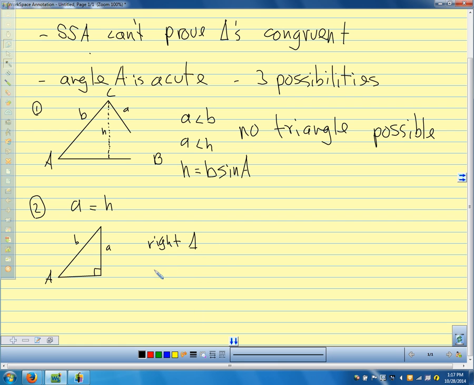And there's only one possible triangle. So if a is exactly equal to the height, and we know that the height here is b sin A, if a is exactly equal to the height, we have one possible triangle for a side-side-angle triangle.